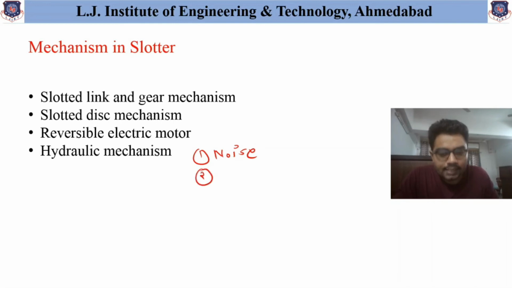The second disadvantage is the vibration of the machinery. As the mechanical parts operate, it leads to vibration, which might deteriorate the surface finish.